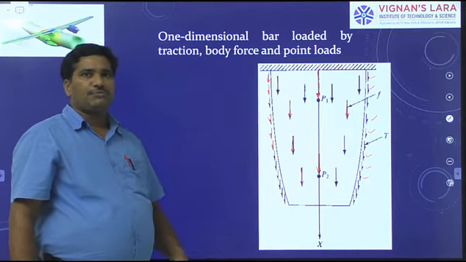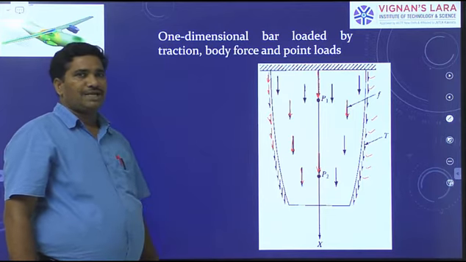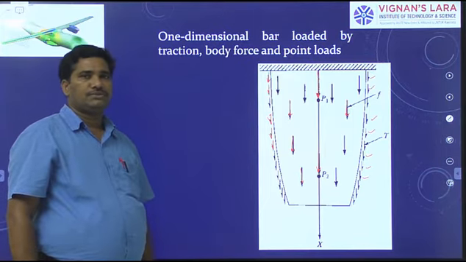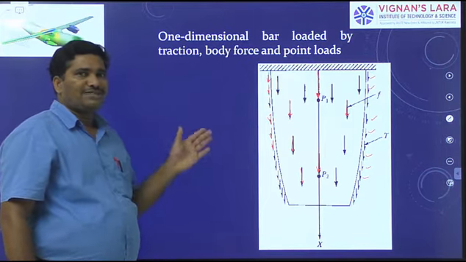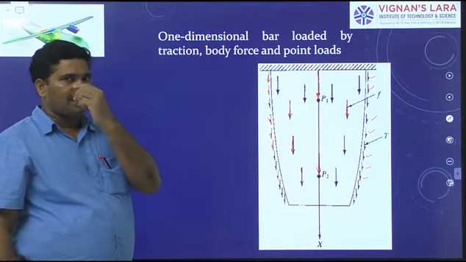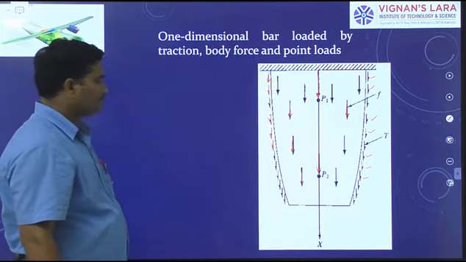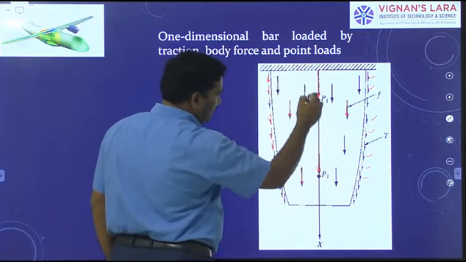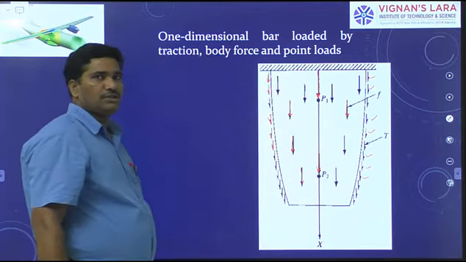I told you the examples for traction. Surface shear is the example for traction. Right? Now, friction, surface friction is the example for traction. Okay. All these are acting vertically downward.